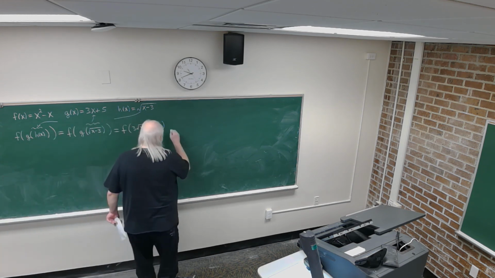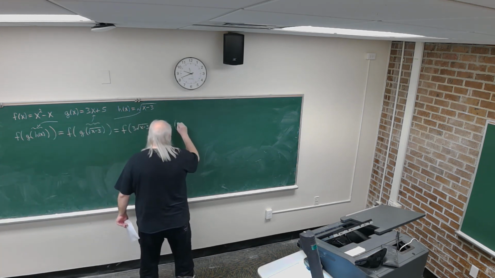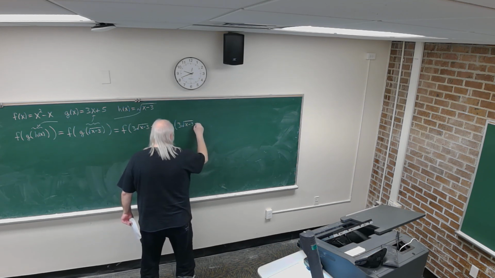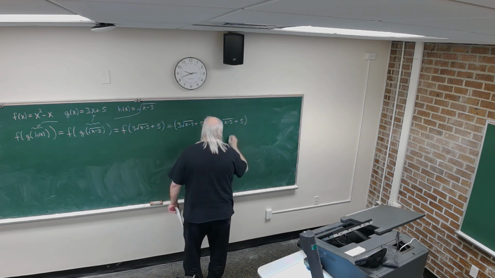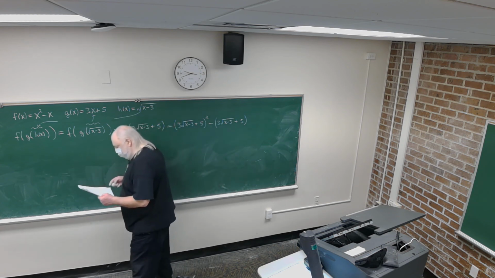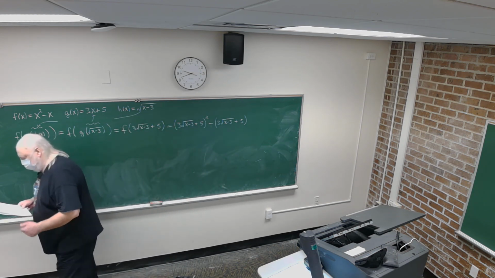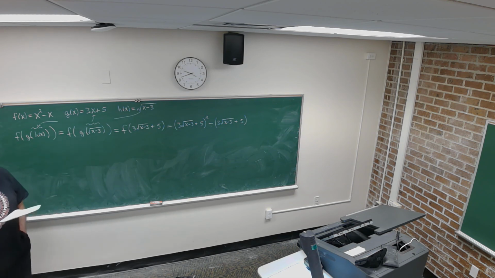So this is equal to 3 times the square root of x minus 3 plus 5, squared, minus, in parentheses, 3 times the square root of x minus 3 plus 5. Does that look like a lot of fun to simplify? Not really, right?